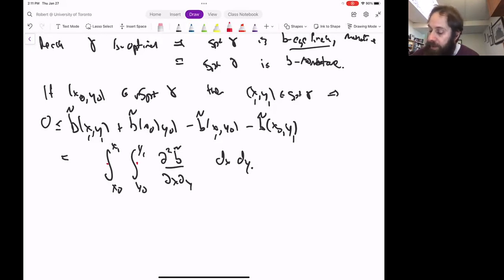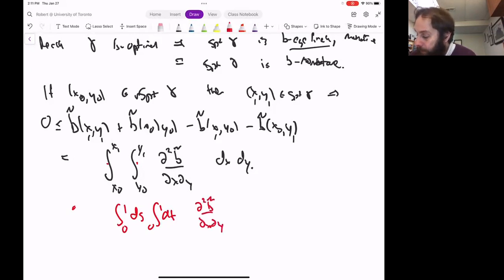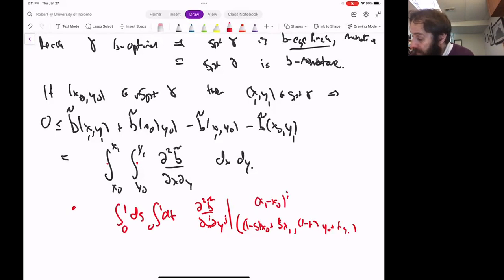Right, so this is really an integral from 0 to 1 ds, an integral from 0 to 1 dt of the mixed partial, so this is dxi dyj, and then I would have x1 minus x0 i, y1 minus y0 j ds dt.